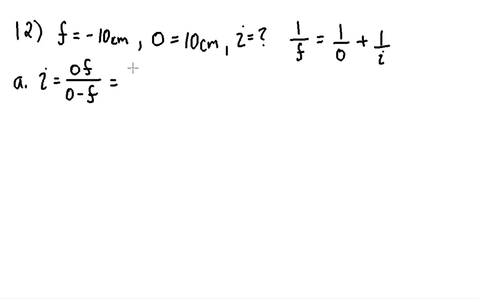So our object is 10 centimeters away from the surface of the convex mirror. The focal length is -10 centimeters away from that convex mirror. Convex mirrors are just like concave lenses in that they do the same thing to the light. They diverge it, which is why this is a negative value.